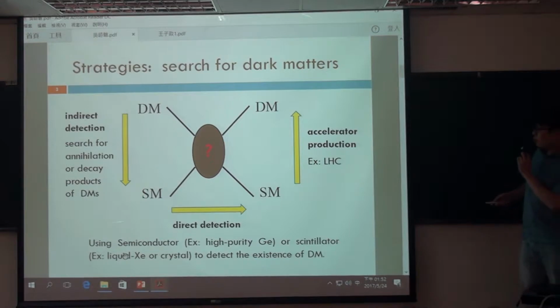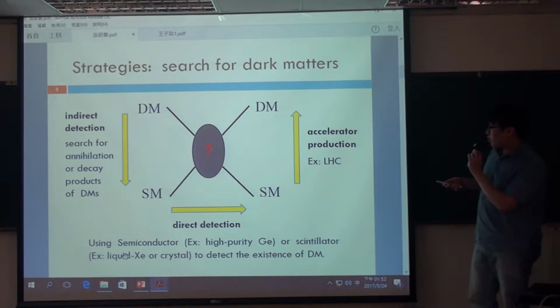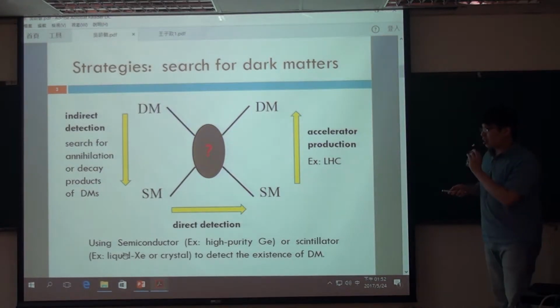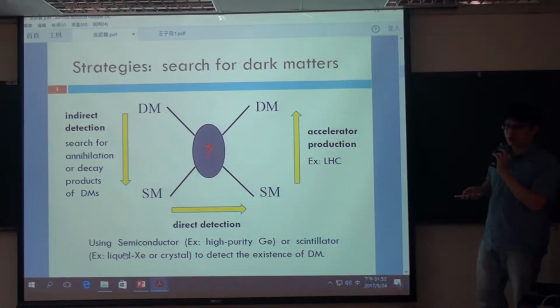In this comic, you can see this yellow arrow is the time evolution direction. From this direction you can see two dark matter particles come in and become standard model particles. This is so-called indirect detection. People search for signatures from dark matter, like e+, e-, or photons.